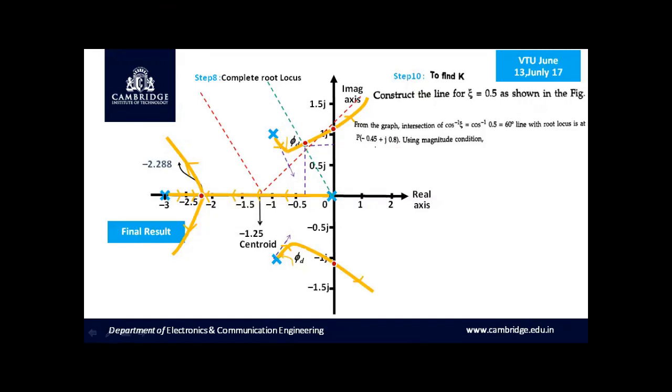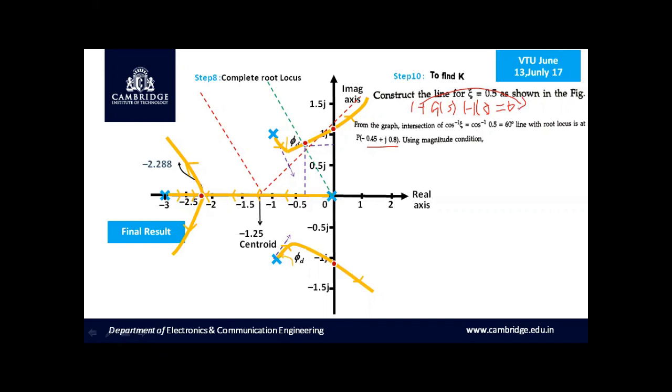Once after identifying the point P at minus 0.45 plus j into 0.8, we have to use the magnitude condition. We know the magnitude condition is given from the characteristic equation 1 plus g of s into h of s equals 0. Therefore, taking 1 towards the right side, g of s into h of s will be equal to minus 1.